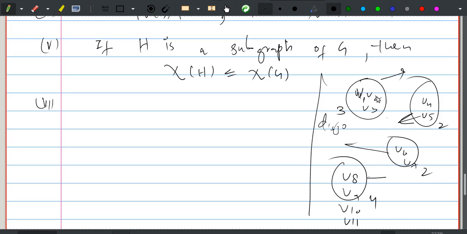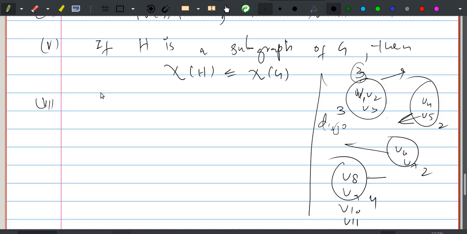That means no vertex over here is adjacent to any vertex among these components. So suppose if we need three colors here to paint this component, we can also use those three chosen colors to paint this component, and finally this component, and lastly this component.